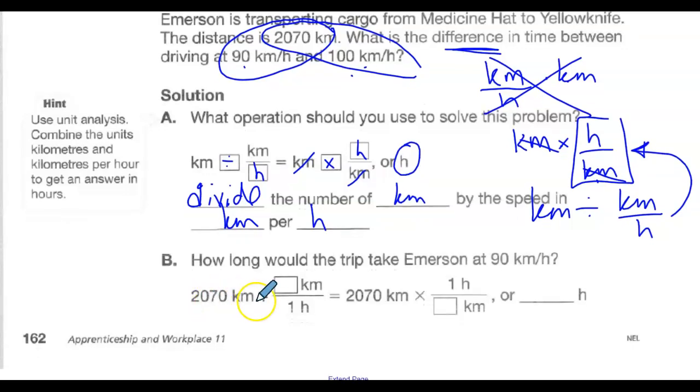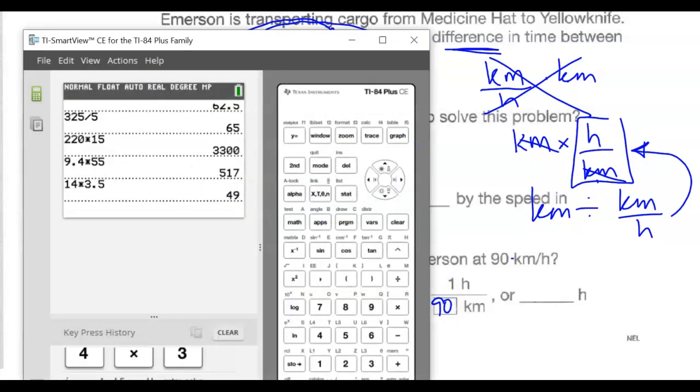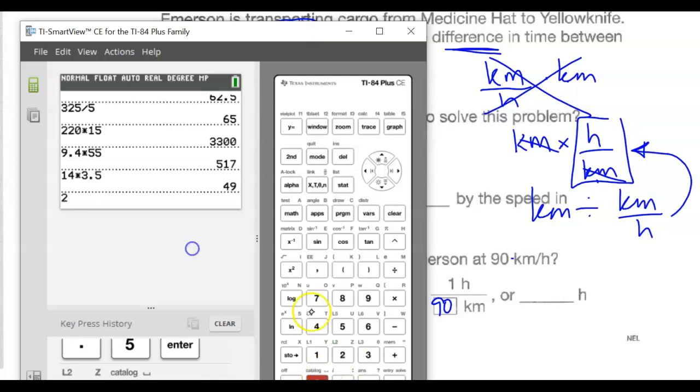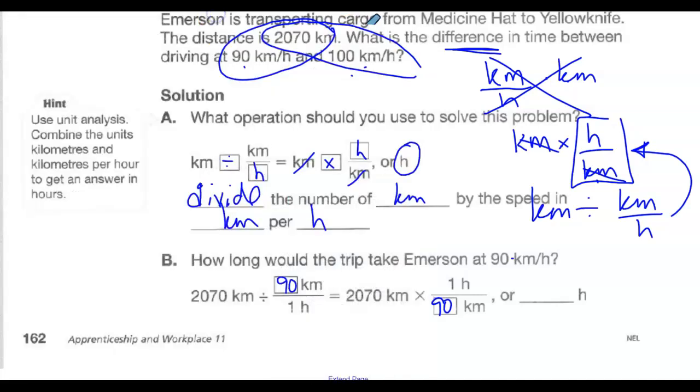So there it is. Let's divide by 90 first. So that's going to be multiplying by 1 over 90. So in your calculator, really, you can either go 2070 multiplied by 1 divided by 90, or you can go 2070 just divide by 90, and you get 23 in either case.